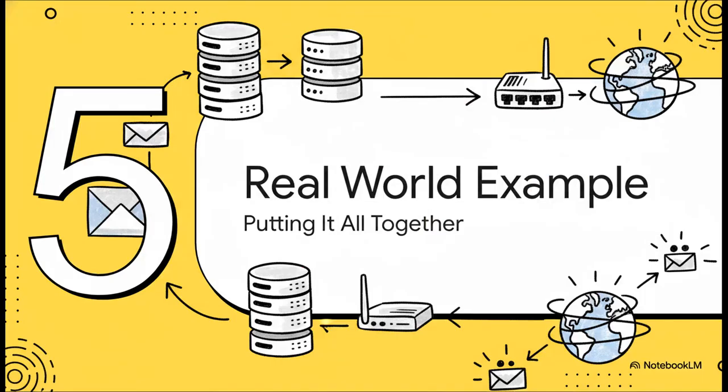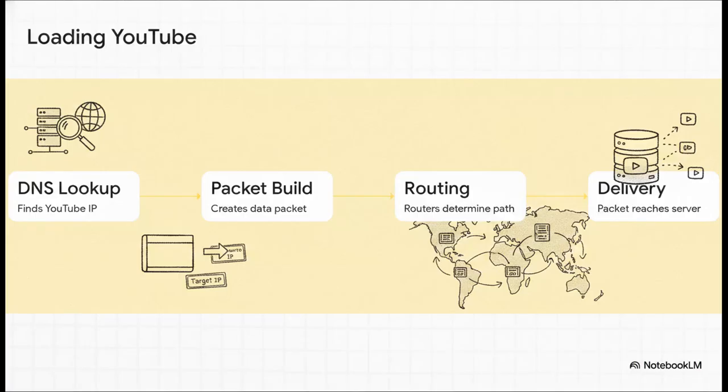Finally, Section 5. Real-world example, putting it all together. And this brilliantly illustrates exactly what happens when you open the YouTube app on your phone to watch a video. First, completely behind the scenes, a DNS service looks up the specific logical IP address for YouTube servers. Second, your phone's internet layer takes your request and creates a data packet, stamping it with your device's source IP and YouTube's target IP.